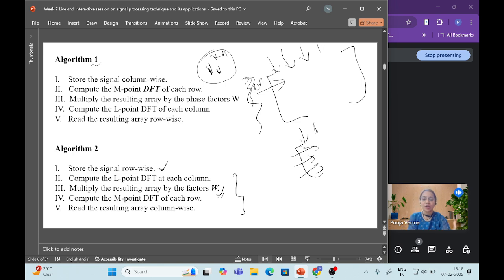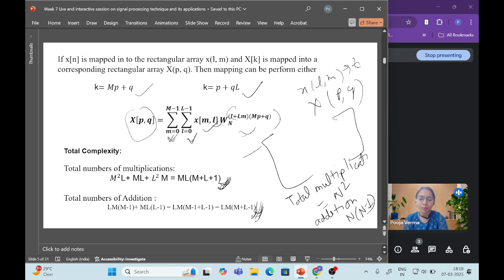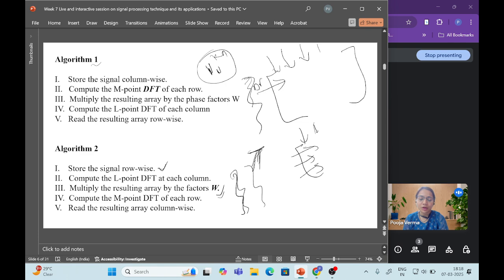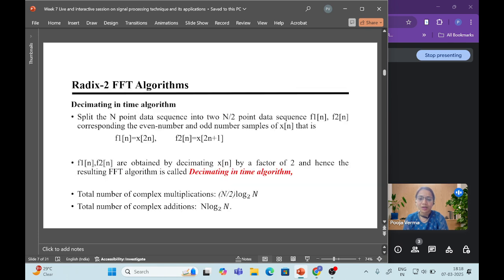So these are the two algorithms for the divide and conquer approach. Basically, this will not be done by hand for the calculation mostly; it will be done by the computer. Theoretically we have to calculate all those things, only complexity, and to calculate the DFT we mostly use FFT algorithms.